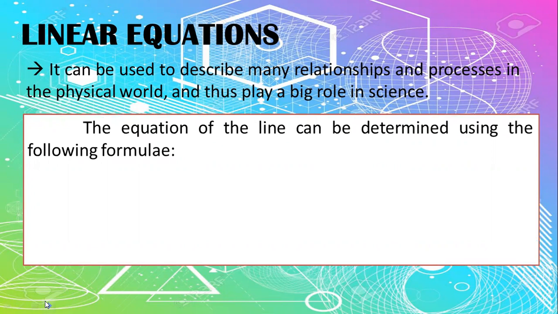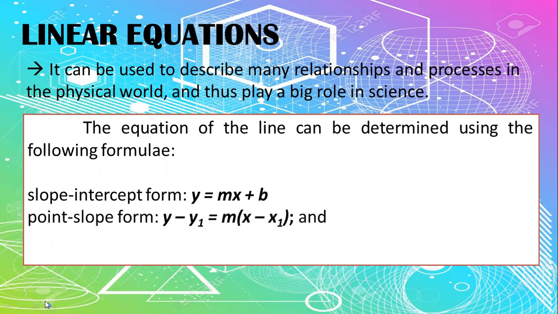Okay? So, the equation of the line can be determined using the following formula. So, for this slope-intercept form, I know that you are all familiar with this one since I already mentioned this last discussion. So, we have the slope-intercept form in which y is equal to mx plus b.